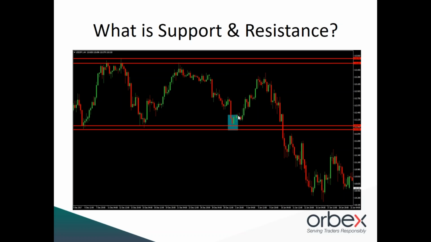And so if you look at the level that I've highlighted here, what you can actually see is price trades down into that support level. You can see this first bearish candle stalls on the level. So we get a good early indication that the level is going to hold because price hasn't simply just blown through it. But really, it's this second candle that we're more interested in, because look what happens at this second candle.